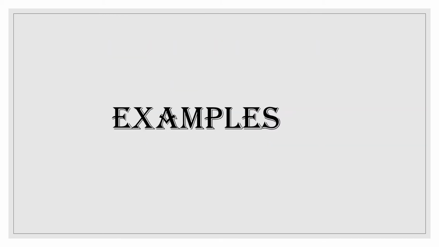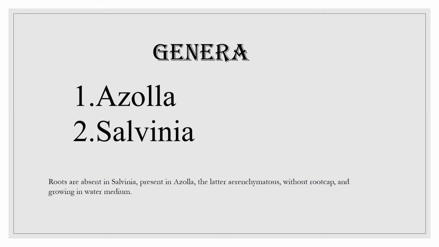Then examples. There are two genera, namely Azolla and Salvinia. The roots are absent in Salvinia and present in Azolla. The latter is aerenchymatous without root cap and grows in a water medium.